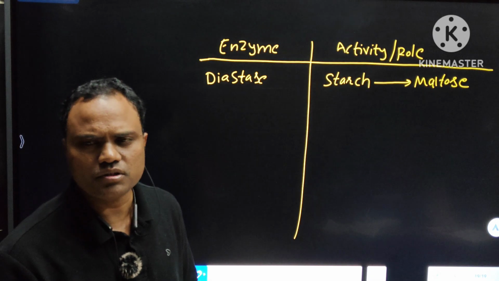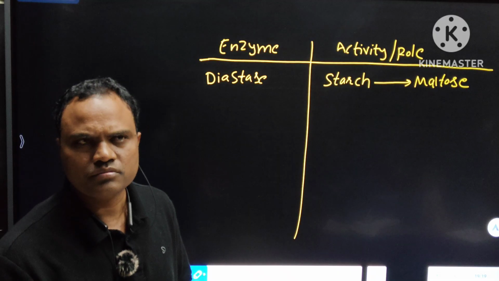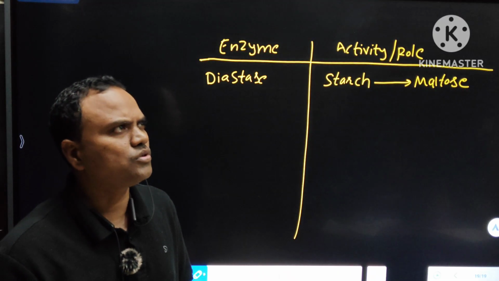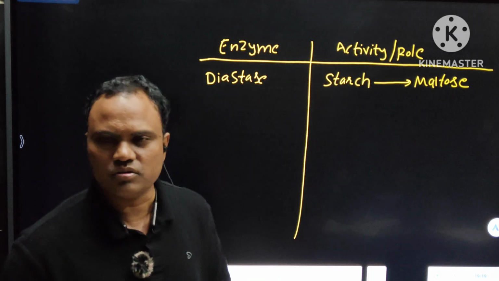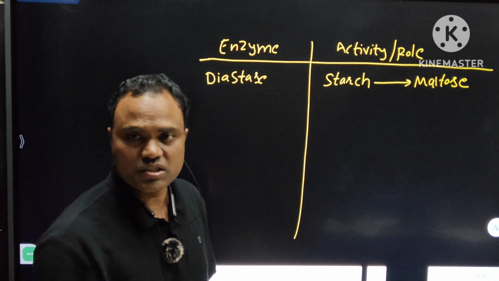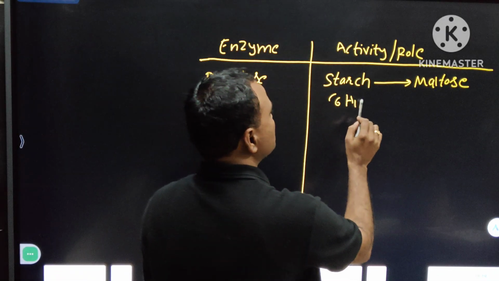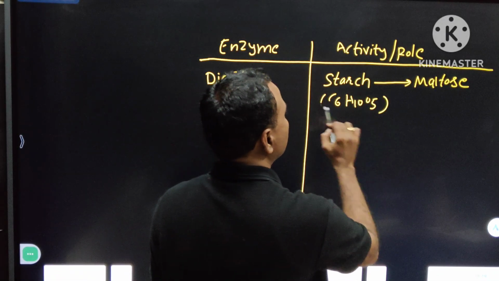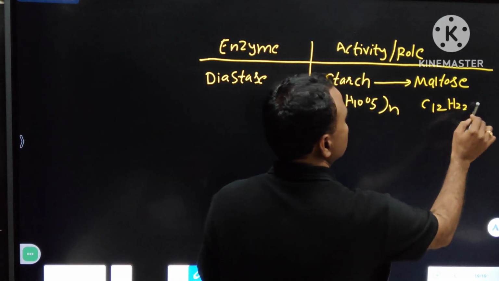Diastase only, under starch. Glucose to alcohol is zymase, that is different. This is starch to maltose. What is the formula of starch? Starch is (C6H10O5)n. Maltose is C12H22O11.